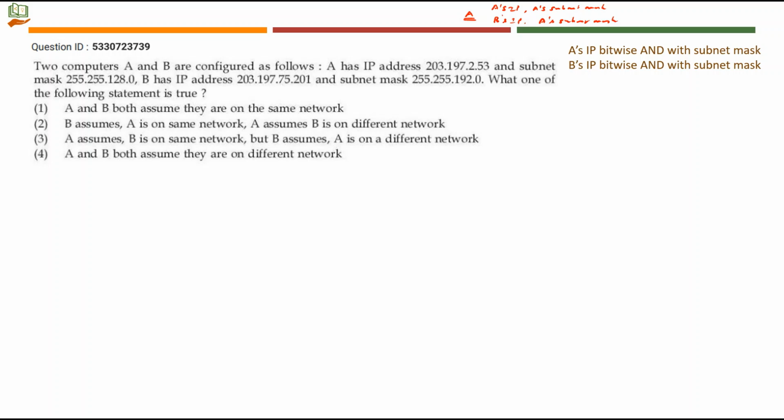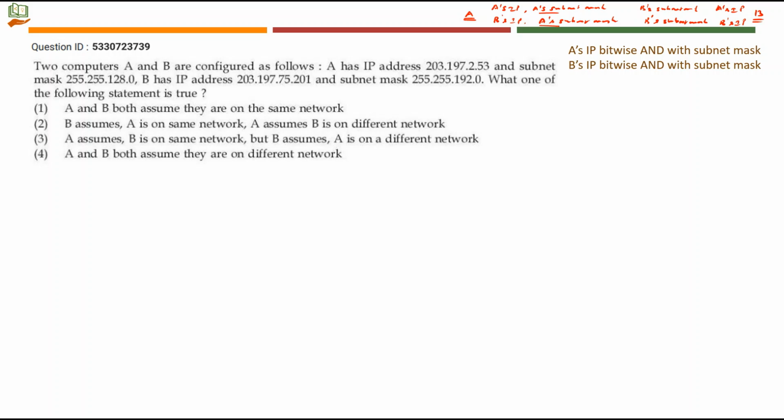This is with respect to A. The subnet mask of A will be used for bitwise AND with A's IP as well as B's IP. The similar case will happen in the case of B. So we will take B's subnet mask in both the cases, and here A's IP will be used and here B's IP will be used. So this is what we are going to do now.